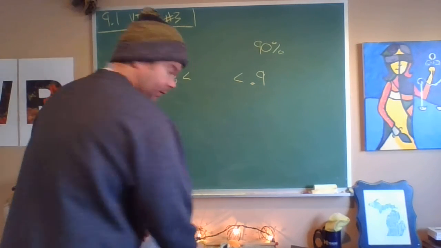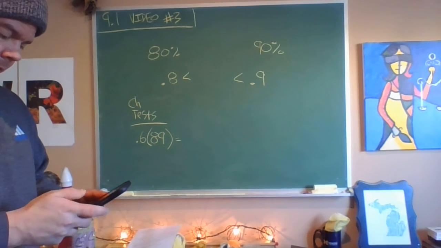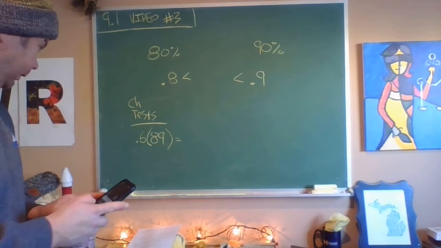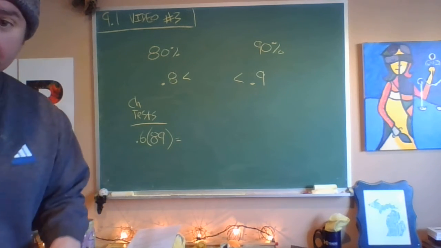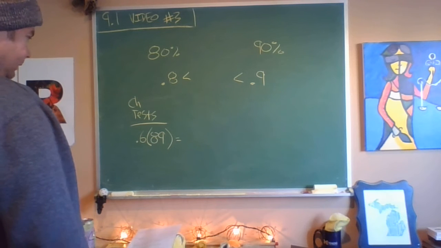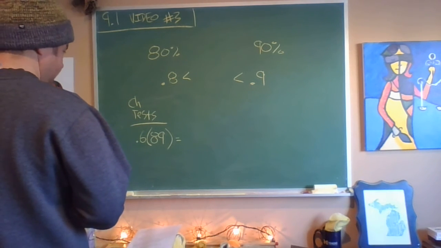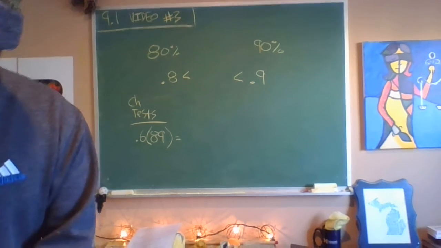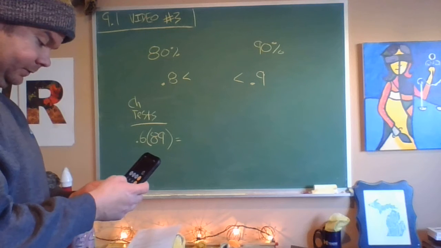Multiply this together, and I've got to use my calculator for this, 0.6 times 89 equals 53.4. So you're kind of like, wait a minute here. Oh, I should have done this: 0.89 times 0.6.